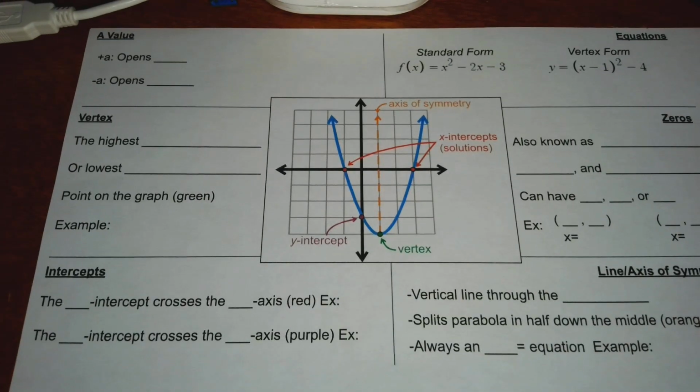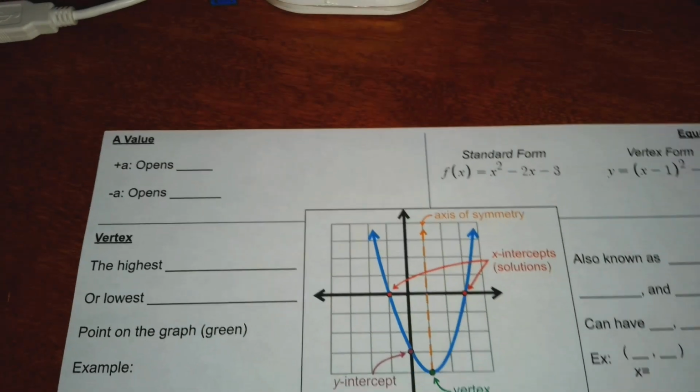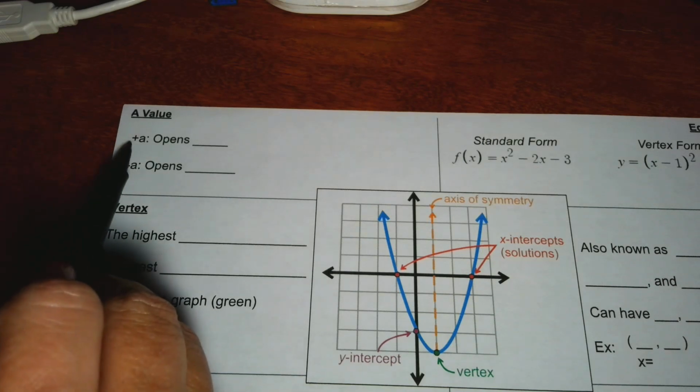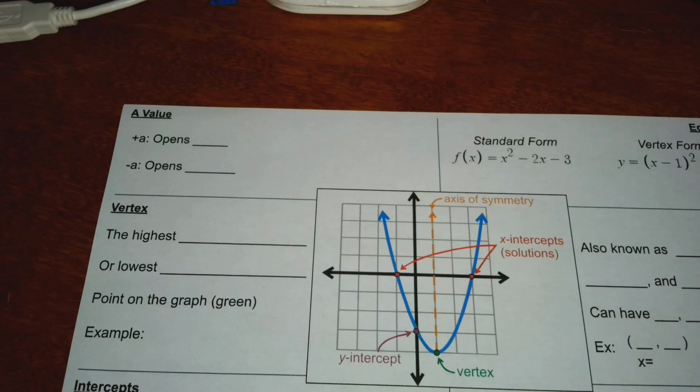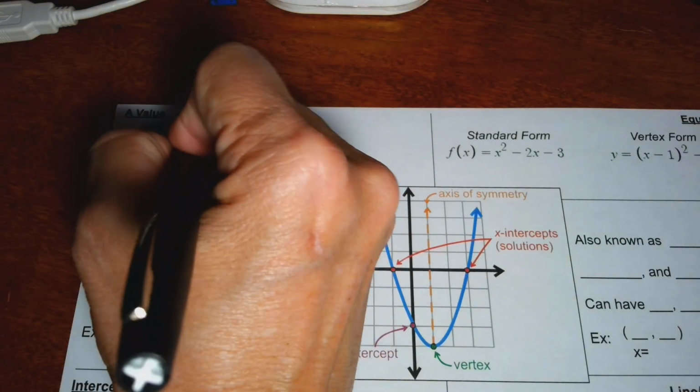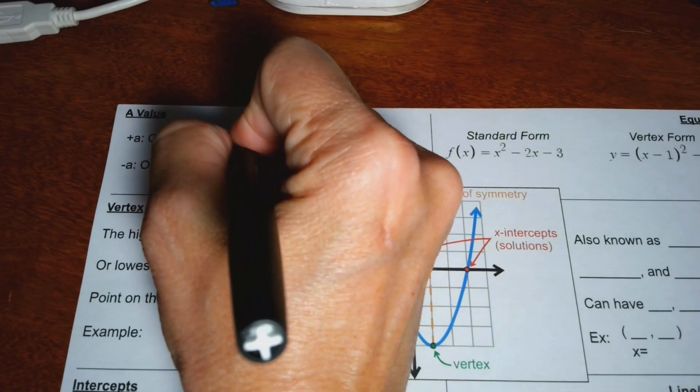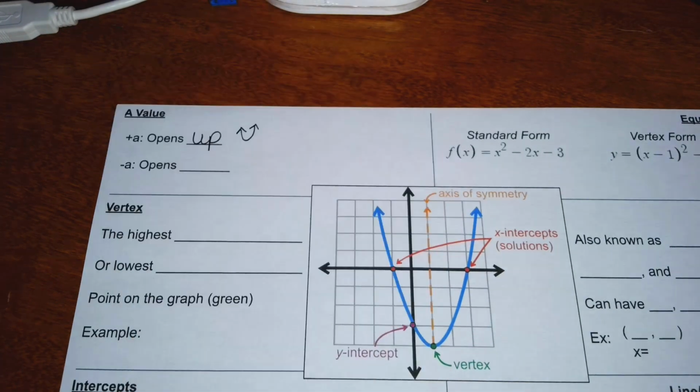So we're going to talk about a few of these things. First of all, let's talk about the a value that's at the very beginning of the equation. If the a value is positive, that will automatically tell you that your parabola will open up. It's going to look something like this.